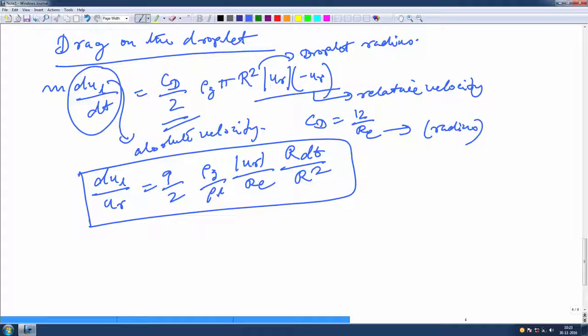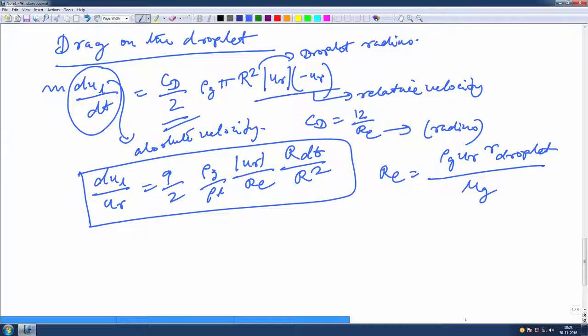It reduces by less than 1 order roughly. So, we expect that a laminar boundary layer will always be established on the droplet for the most part of the process. The Reynolds number here is written as rho g u r drop divided by mu g, so that you can cross validate what that number will be.